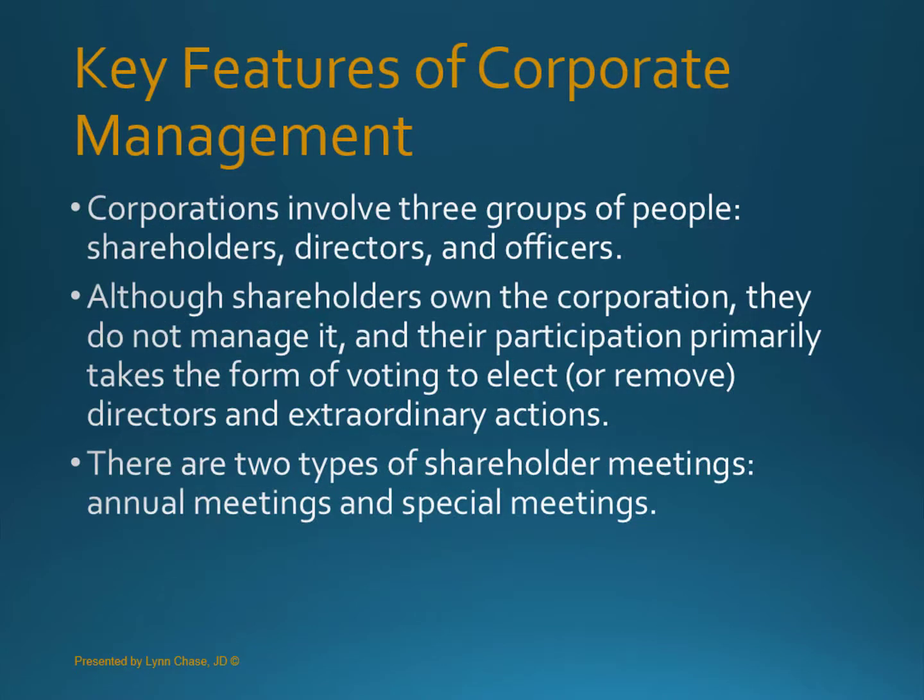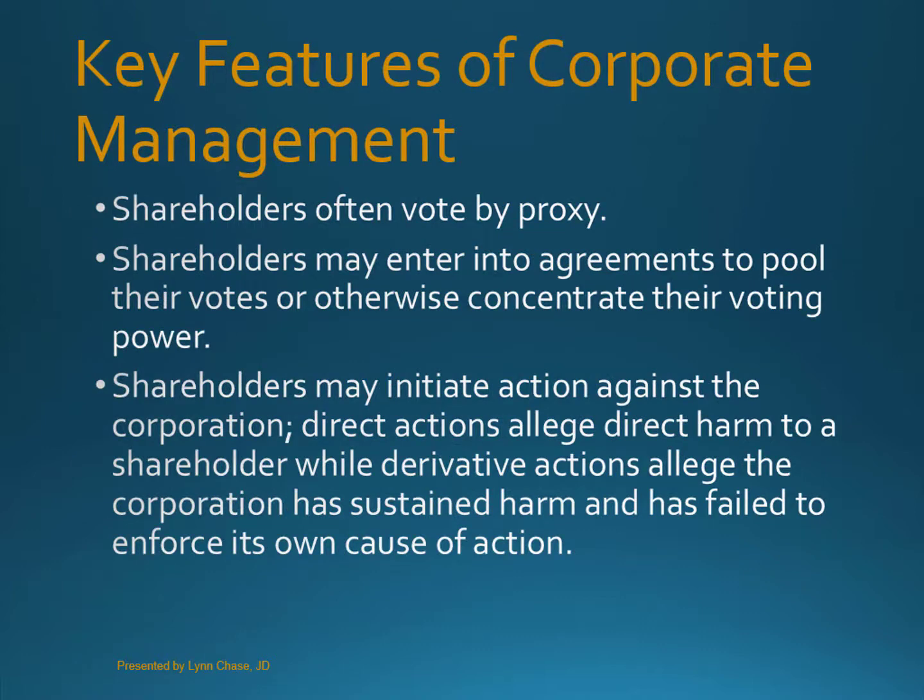In summarizing this lesson, please pay special attention to the concept that shareholders own the company but do not manage the company directly. Corporations consist of three separate groups: shareholders, directors, and officers. Shareholders may vote in person or by proxy.